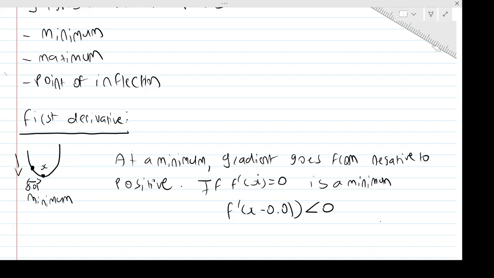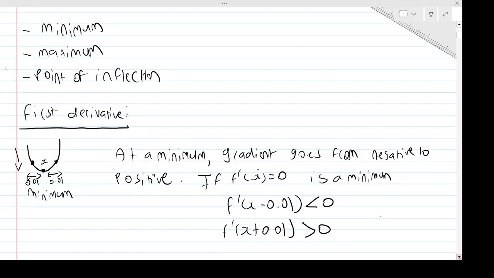On the contrary, if we add a very small number to x, if we add 0.01 instead, then we're on the increasing part of the curve, so the gradient would be a positive gradient, okay?